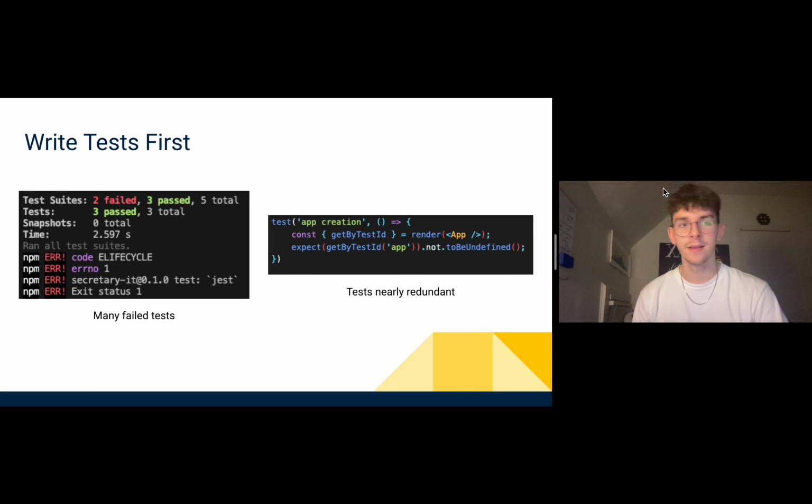The second lesson is also a big one: writing tests before we start development. This goes back to the planning ahead lesson, but we found that we wrote tests after we had already had a minimum viable product working.